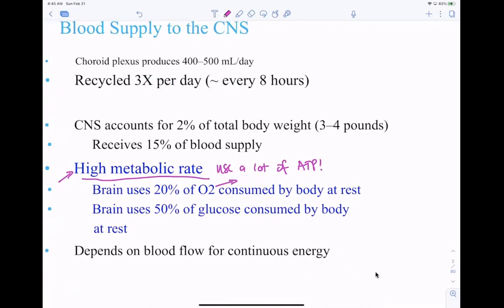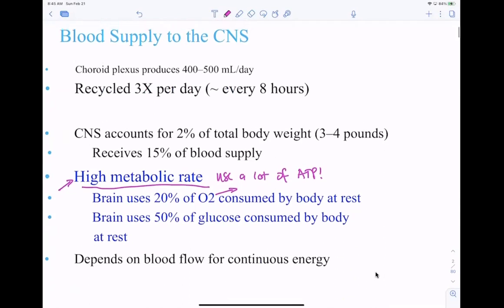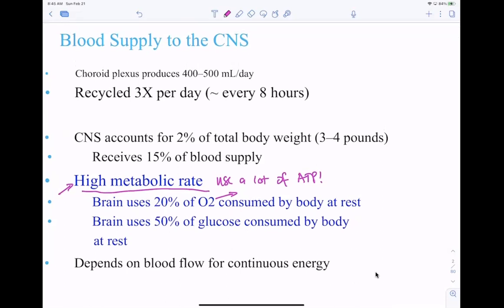Brain uses about 50% of the glucose of the body at rest because the brain does not use fats for energy sources. It only uses glucose. And that's another thing to be really cognizant of, is that your liver stores glucose for, number one, your nervous system.